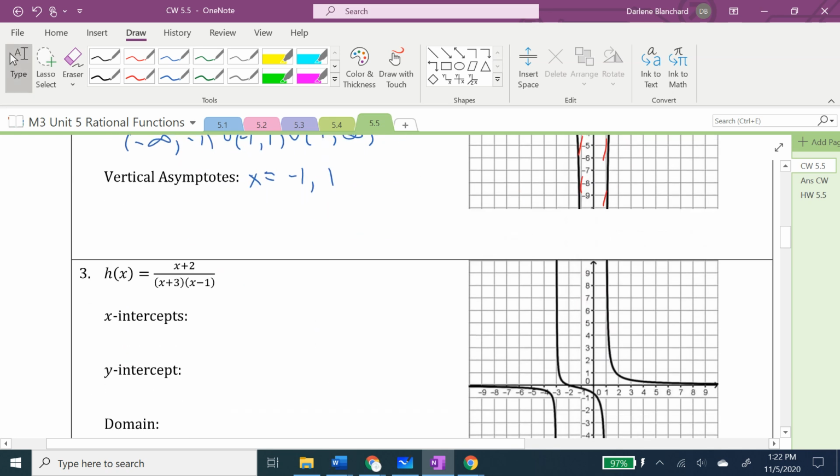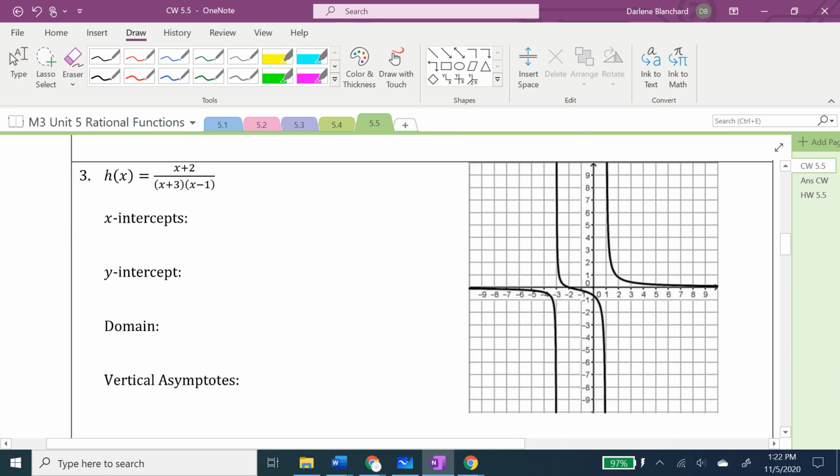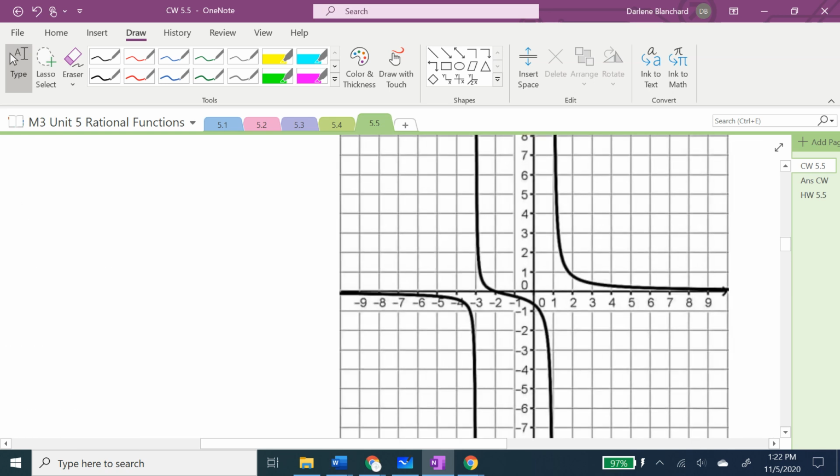All right, next. Take a look at it. If you look at the graph, can you see any x-intercepts looking at the graph? Yes, you can calculate vertical asymptotes and domains without the graph.